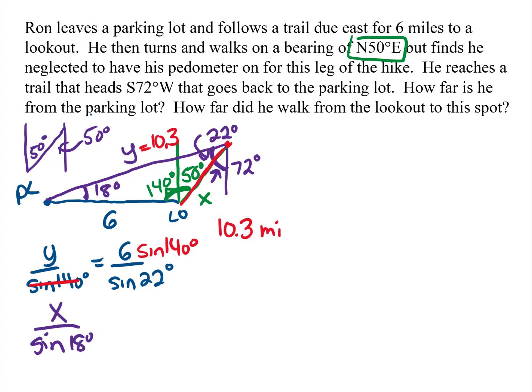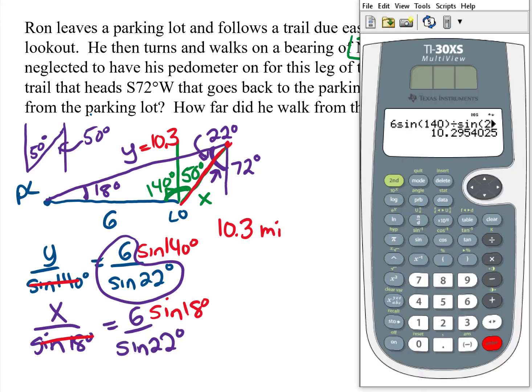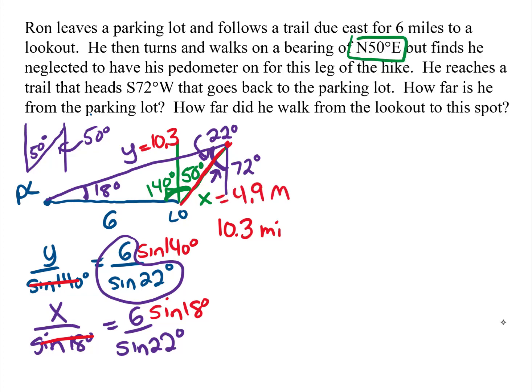So sine of 18 equals, and then we'll use this again, which is 6 over sine of 22 degrees. So we can multiply the sine of 18 over here, and then grab our calculator again, and we will do 6 times the sine of 18, divided by the sine of 22, and that gives us how far he walked there to 1 decimal place. That's going to be 4.9 miles.